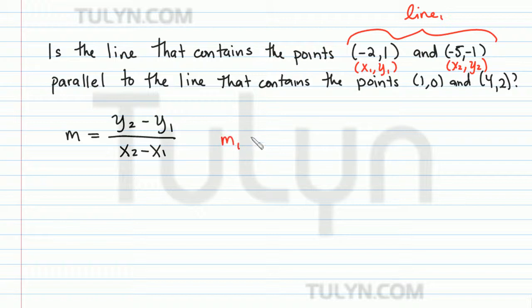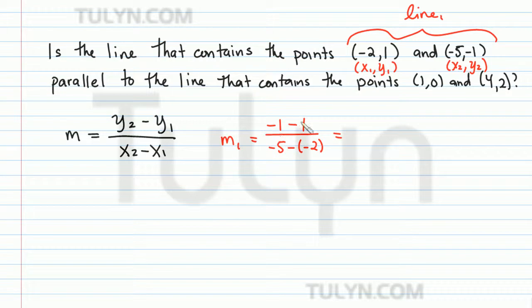So the slope, which we're going to call m1 because we're talking about line 1, is y2, which is -1, minus y1 over x2, which is -5, minus x1, right? So y2 minus y1, x2 minus x1. Oops, this is a 2, not a 1.